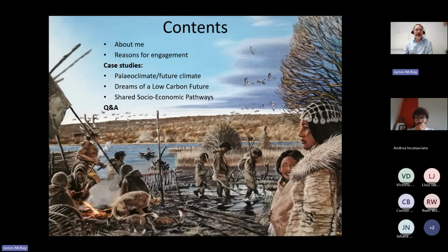So some of that is to do with paleoclimate, some of it's to do with future scenarios. The Dreams of a Low Carbon Future projects are to do with communicating to children about the transition to a net zero future. And I'm going to talk about shared socioeconomic pathways and comparing different scenarios through art. Then at the end of that, there'll be time for some Q&A, as Ellie said.